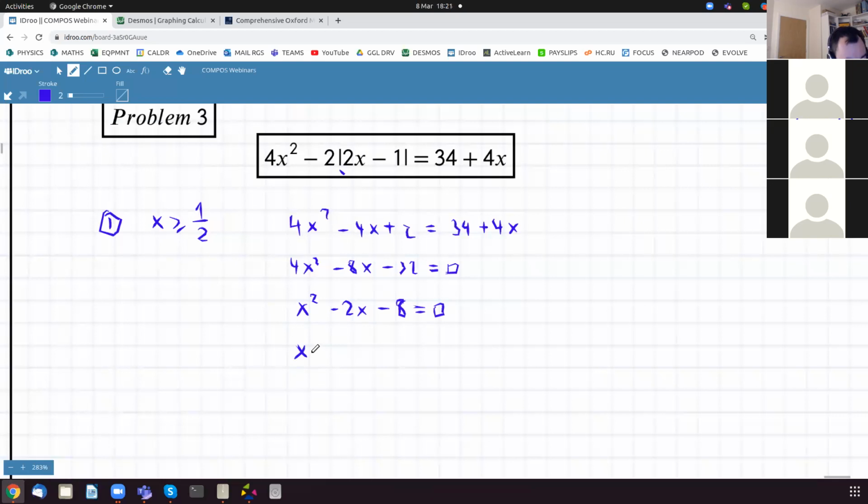You can use Vieta's theorem, but I'm a bit lazy to do that, and I'm just going to do completing the square: equals 9. So x is equal to 1 plus or minus 3. So x is 4, x is minus 2.